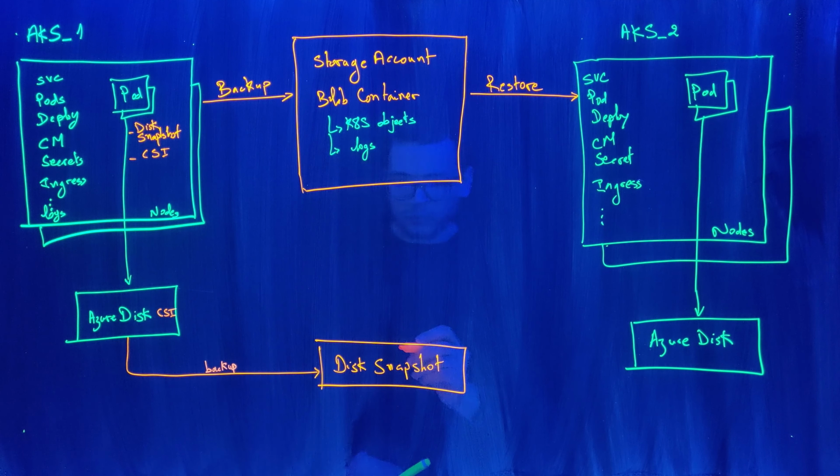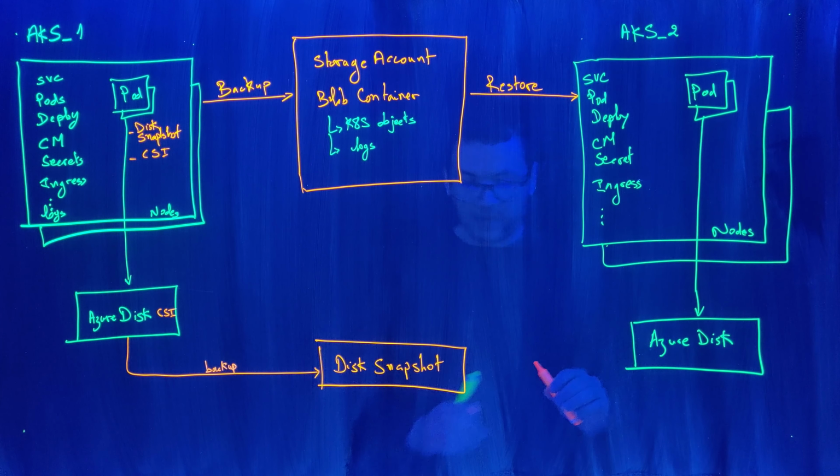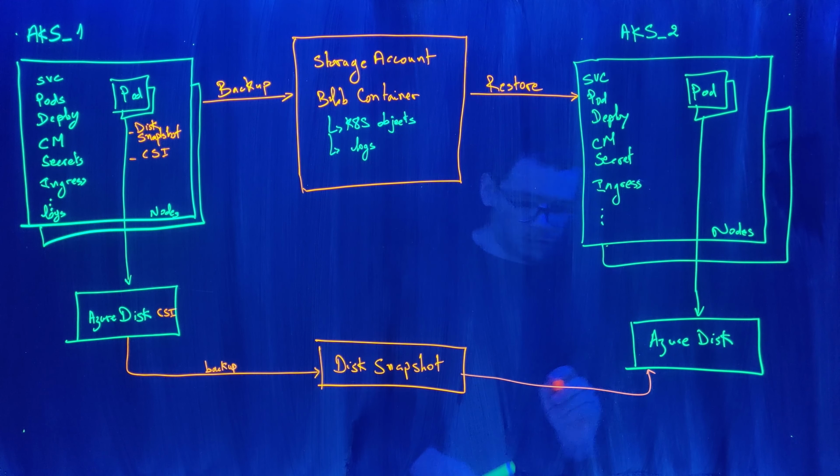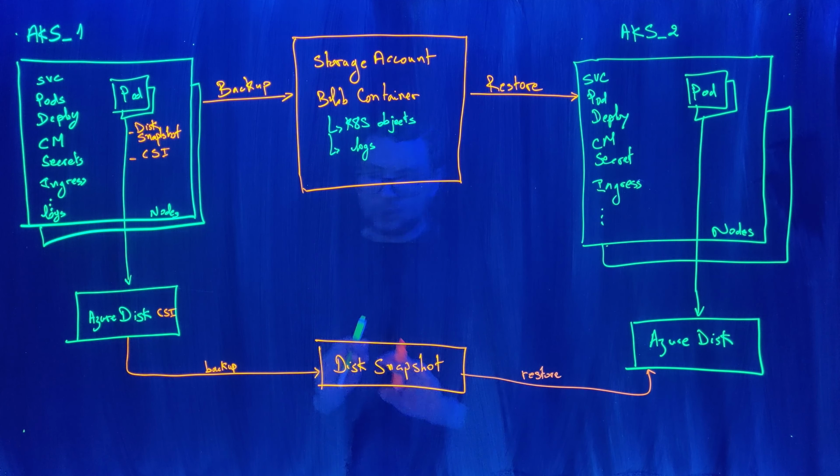Then when we restore into the second cluster, this disk will be restored from this disk snapshot. So we use the storage account to restore the Kubernetes objects, and then we use the disk snapshot from Azure in order to restore the Azure Disk. So this is the whole architecture.